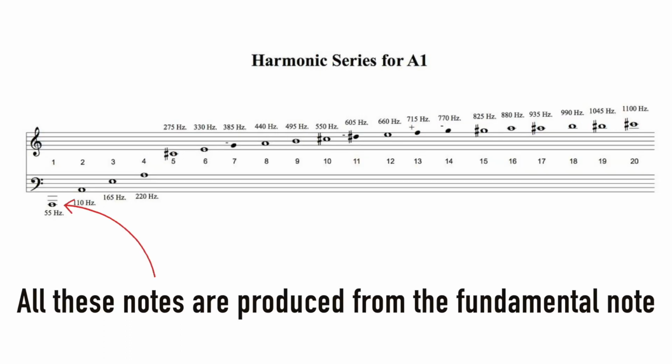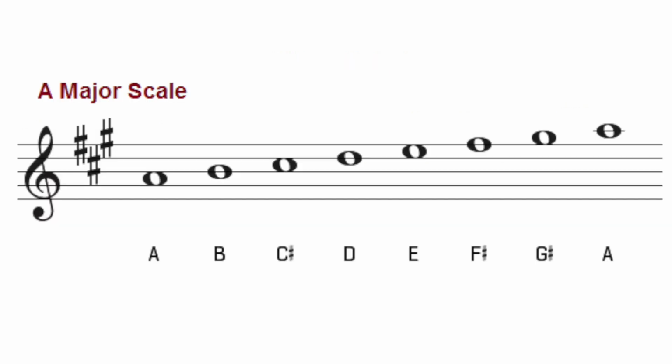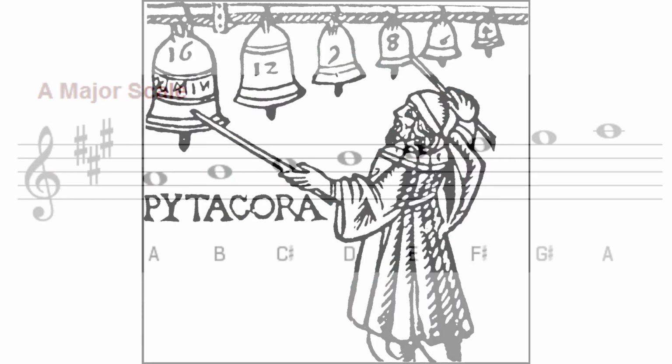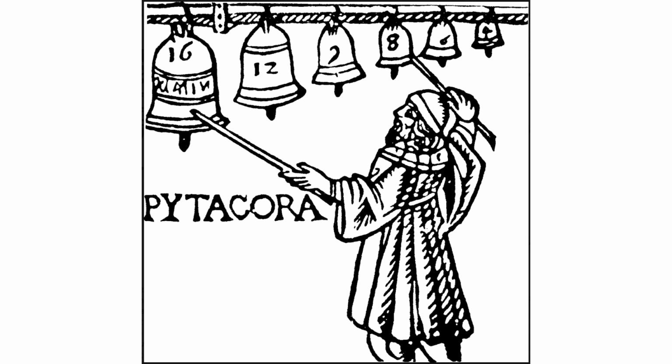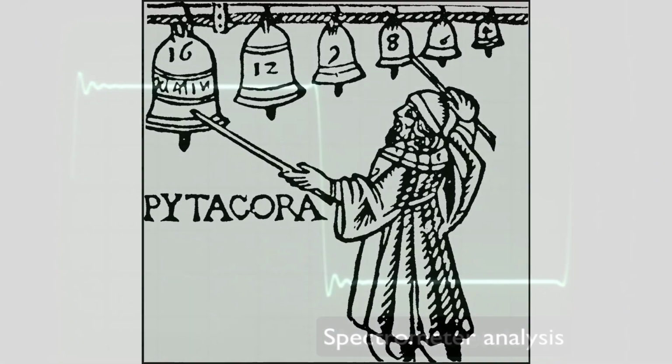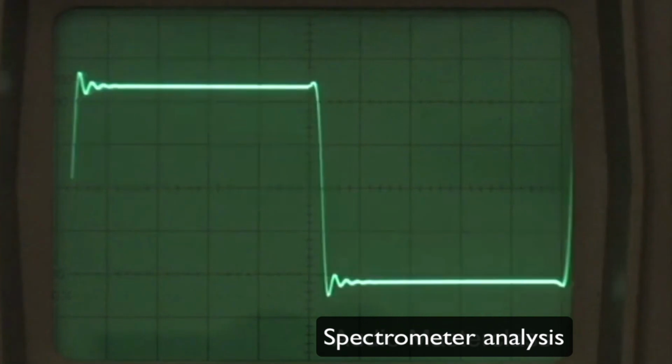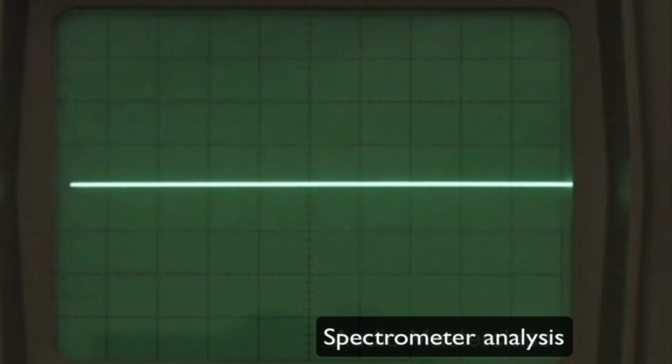And over thousands of years of singing and playing instruments, our ears decided that these notes were the good notes, and we ended up using them to make scales. The crazy thing is that although hypothesized by the Greeks and others over 2,000 years ago, it wasn't until the invention of the spectrometer that these harmonics were actually proven. Basically, all the notes of the scale are contained in every note.